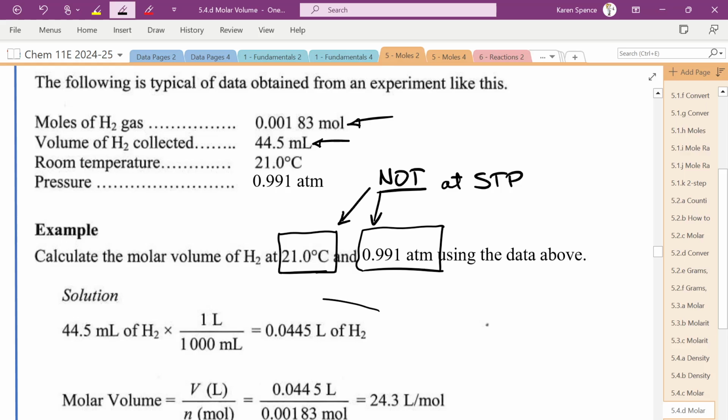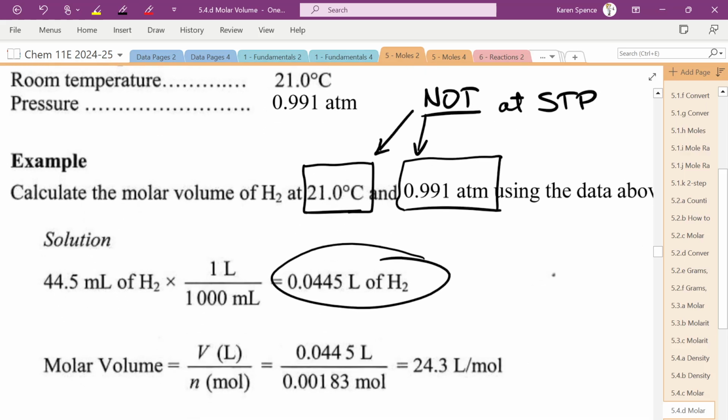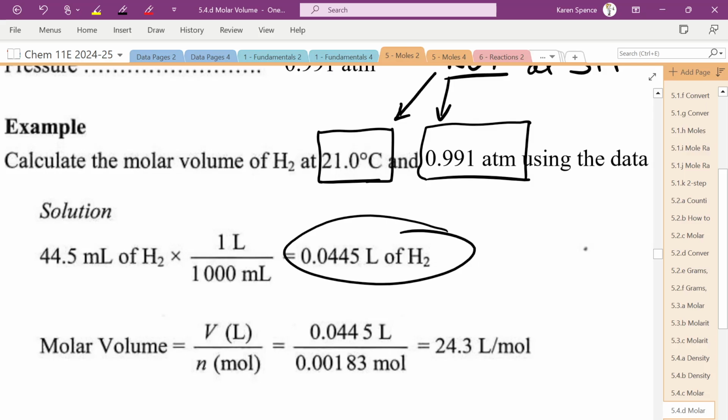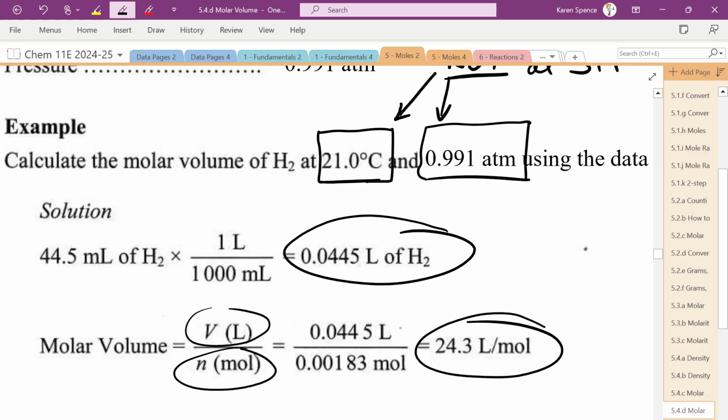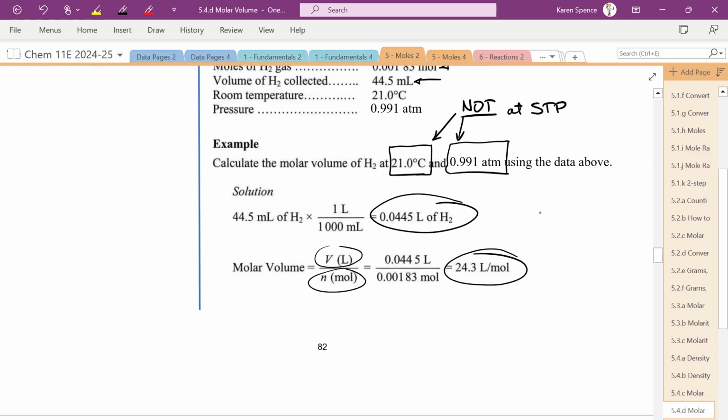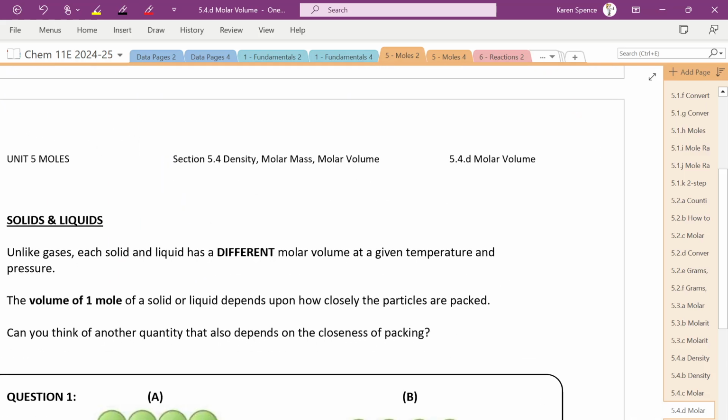We have to calculate how many liters we have from the milliliters, then divide liters by moles, volume over moles, and that gives us our molar volume. That's just a practical example.